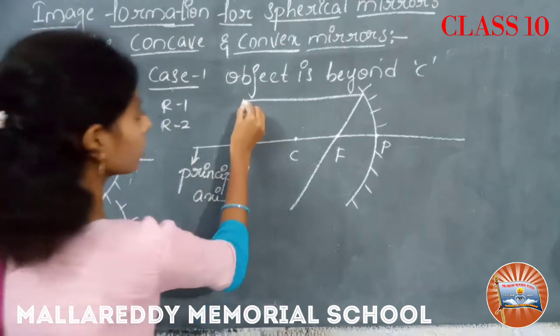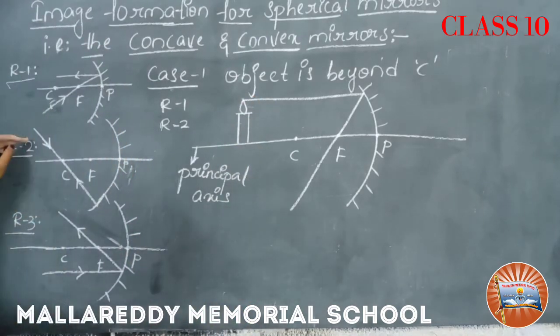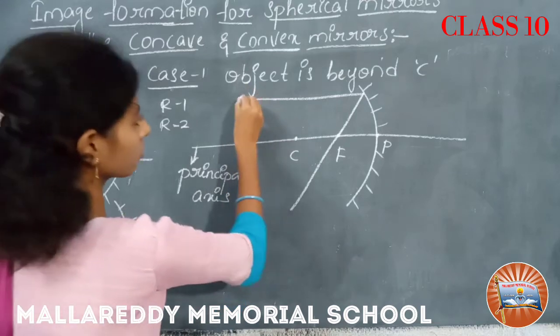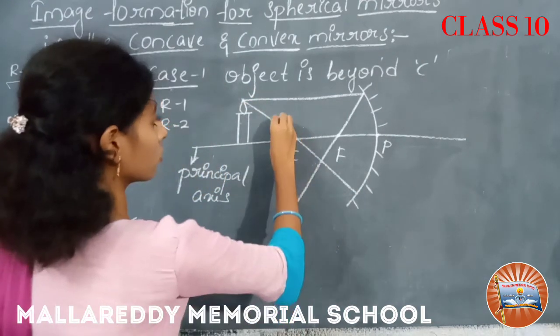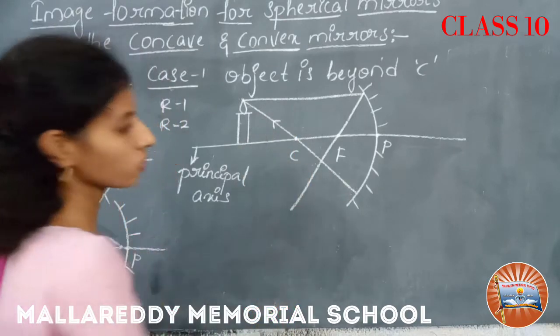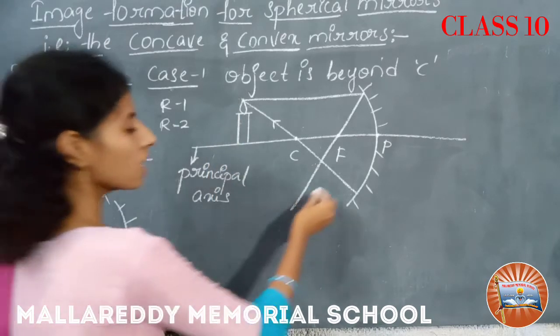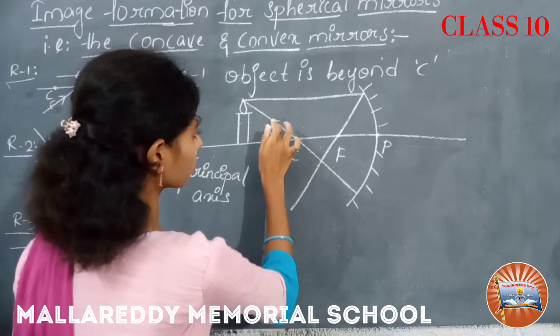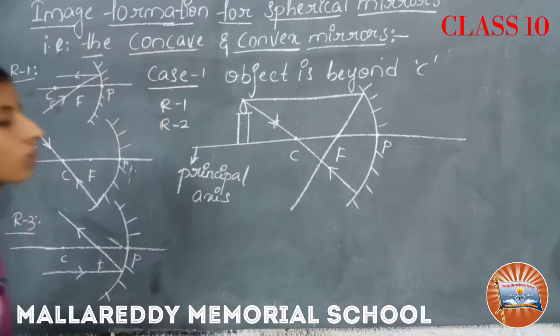When the light ray passes through the center of curvature and is incident on the mirror, it is reflected through the same path. Right? So here I want to take this arrow and here I want to take this arrow.